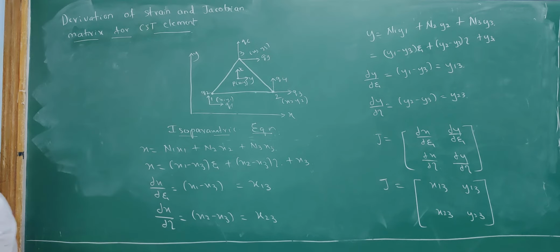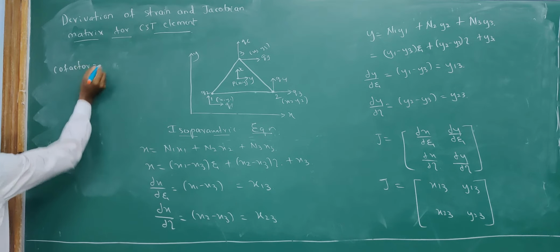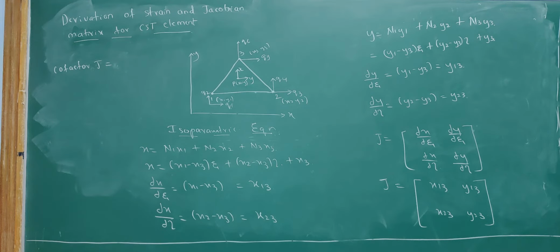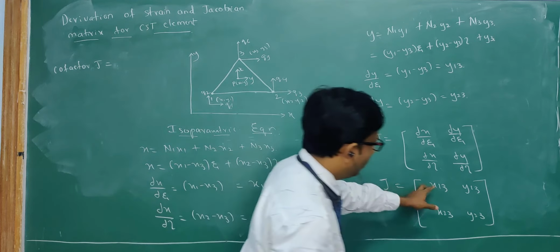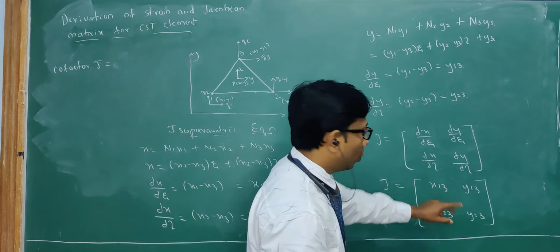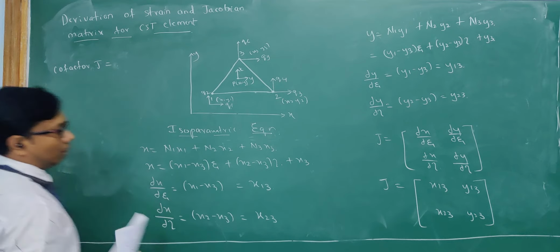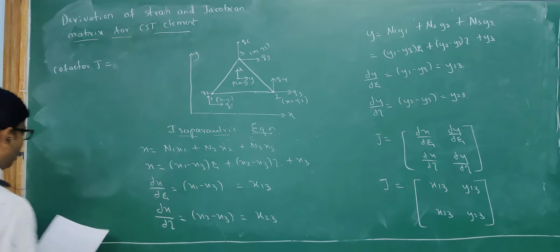First we will find the cofactor for J. Whenever we find the cofactor of a 2 by 2 matrix, you just interchange the diagonal elements and change the sign of the off-diagonal elements. You already know the cofactor for this.